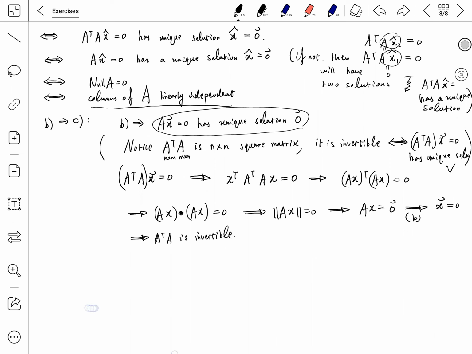Finally, C implies A. Suppose this is invertible.